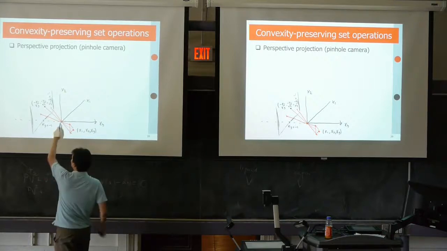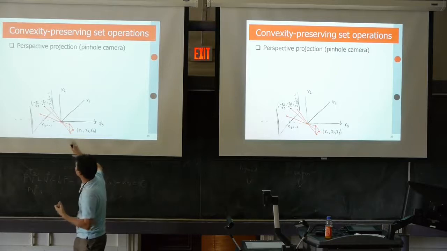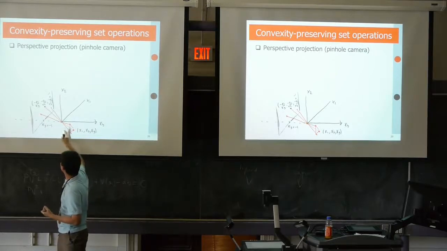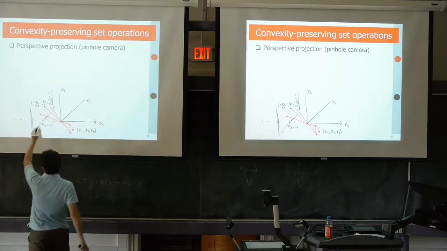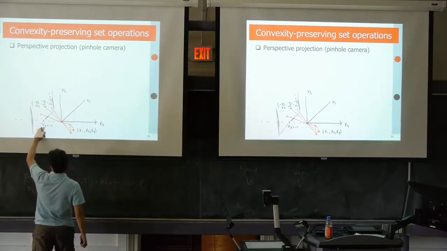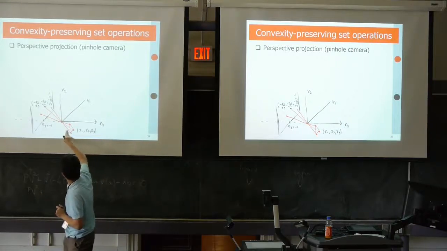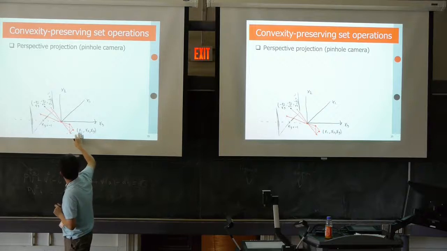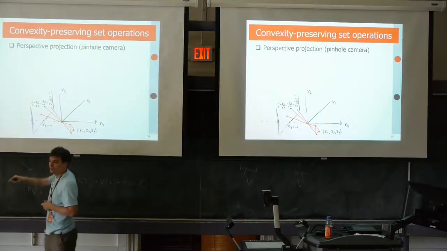So imagine that there's a hole in the origin, and you look what will be the shadow of this three-dimensional object in a plane that I put here where x3 is -1. And you can see that the three coordinates of a point with coordinates x1, x2, and x3 will be minus x1 over x3, minus x2 over x3, and minus x3 over x3.